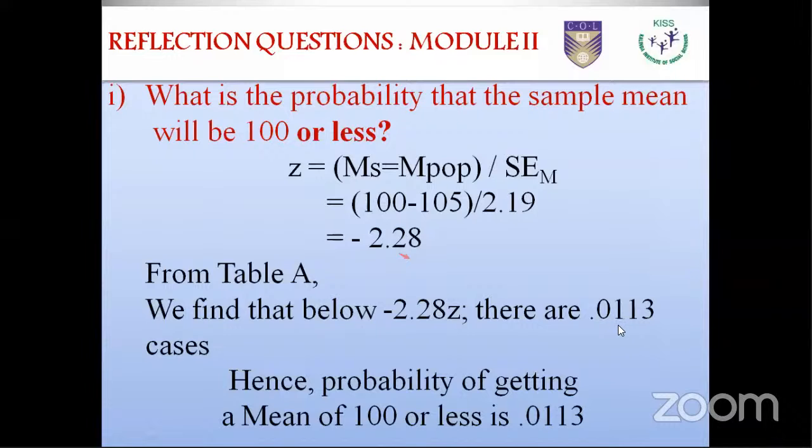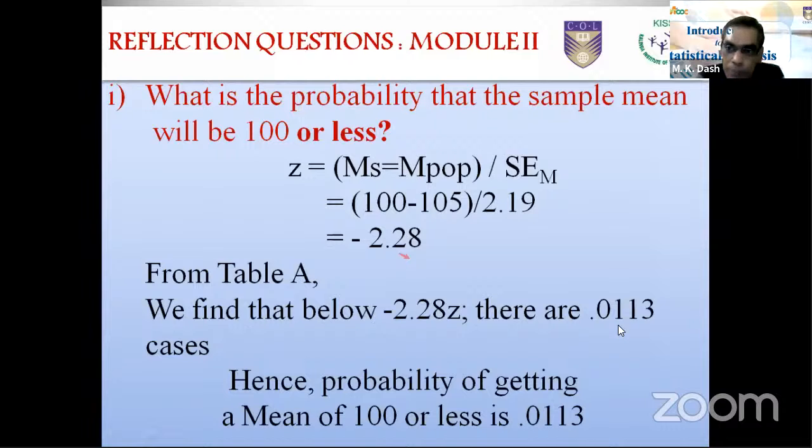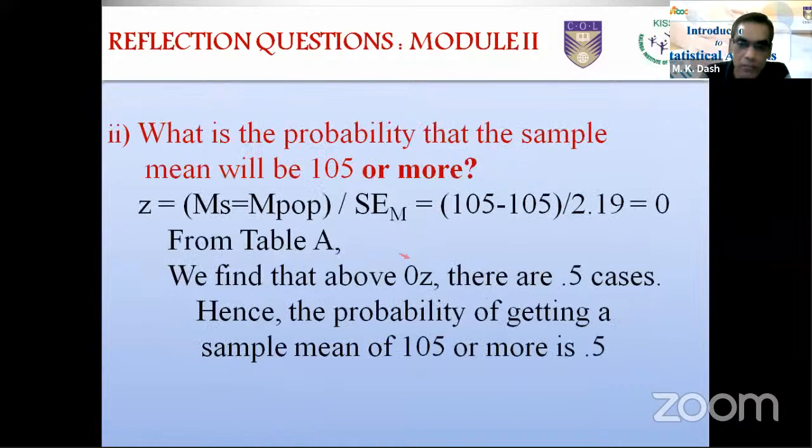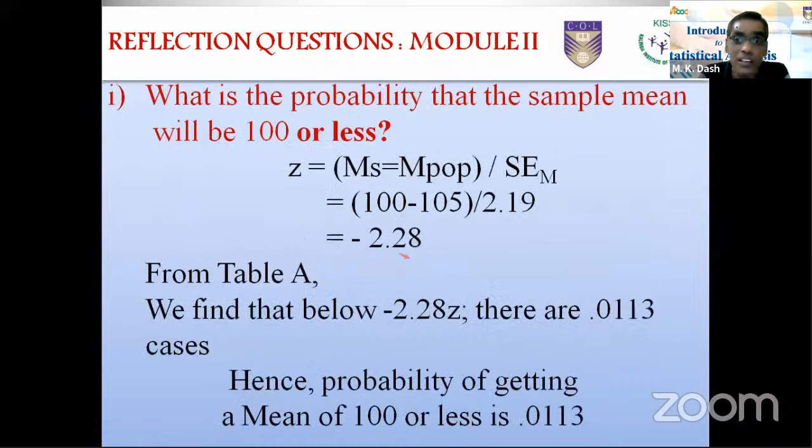In the extreme left column, you take 2.2, and in the horizontal row, you take 0.08. Where the two lines cross each other, you will get 0.0113. Hence, the probability is 0.0113. So, what was the question? What is the probability that the sample mean will be 100 or less? The probability is 0.0113.